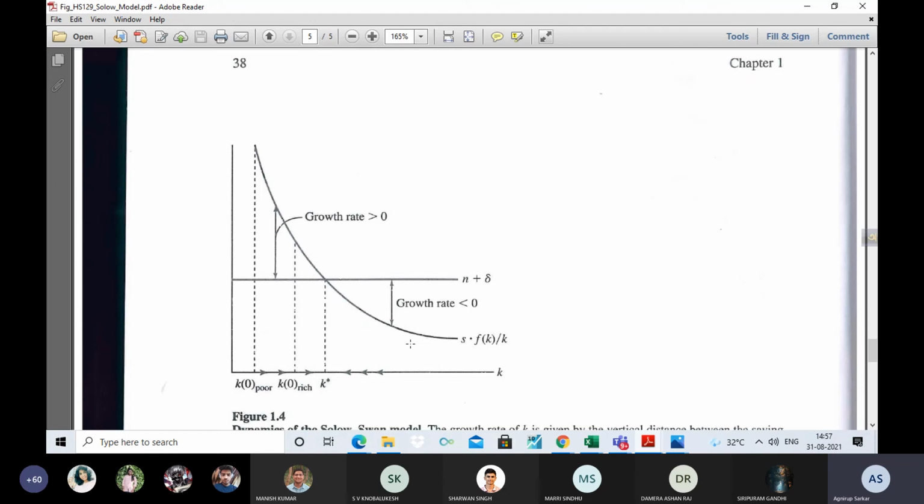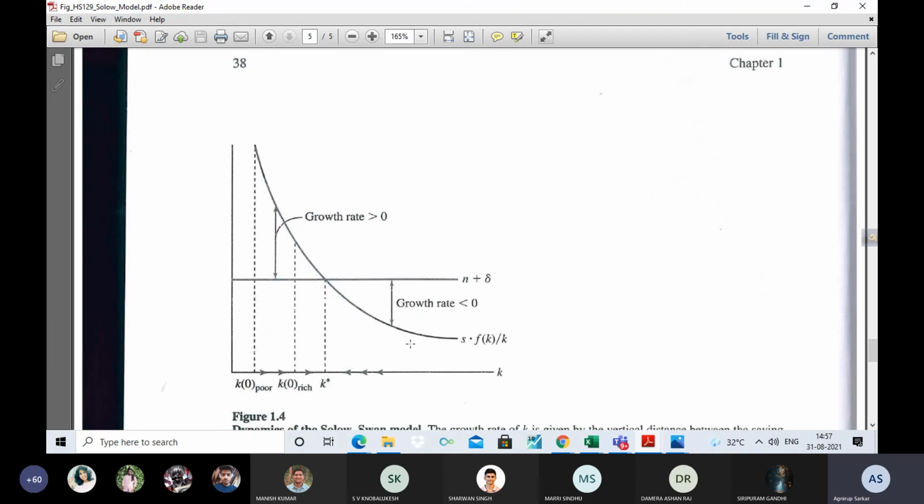We always have the condition that 1 by k hat times dk hat by dt is equal to k dot by k minus x. Hence, 1 by k hat times dk hat by dt would equal 0, and k dot by k would be equal to x. Similarly, y dot by y and c dot by c would also be equal to x.